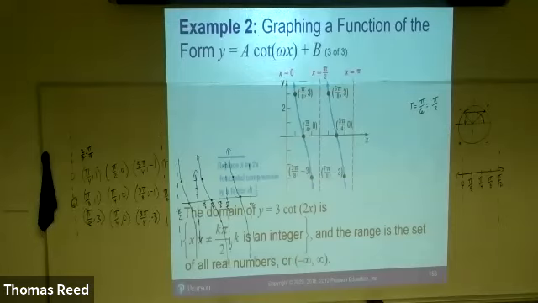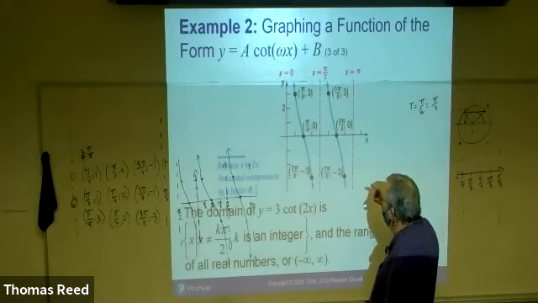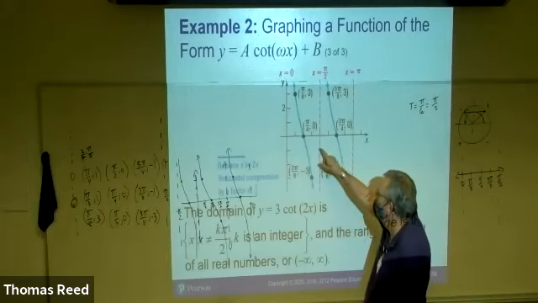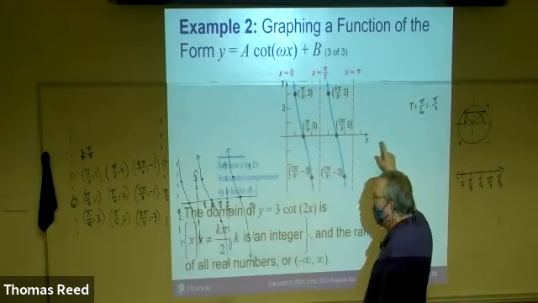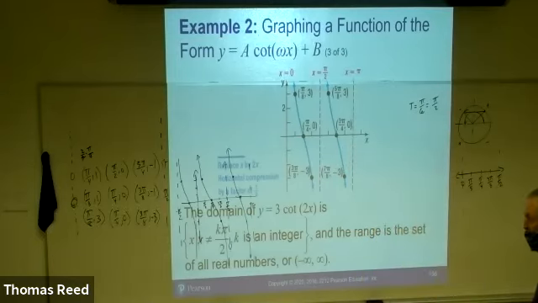The domain changed because we changed our period. So it's at 1/2 pi, 3/2 pi. So it's going to be an integer multiple of pi over 2. The even multiples as well as the odd multiples.